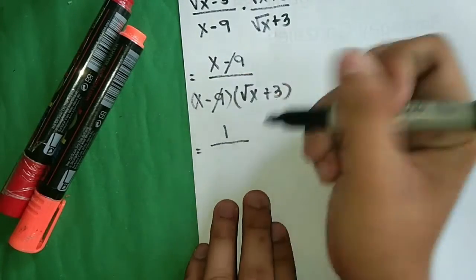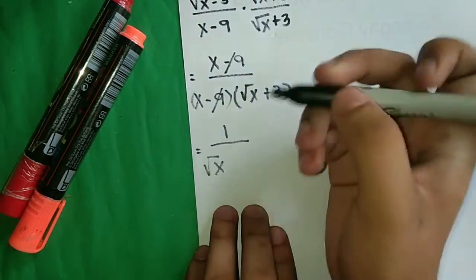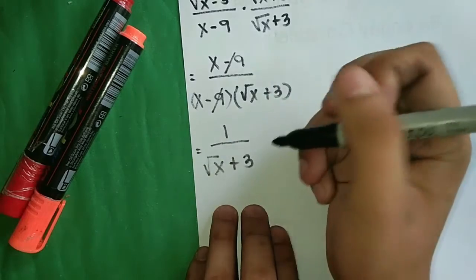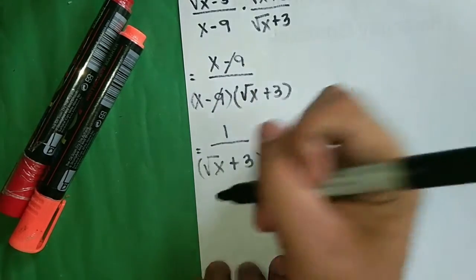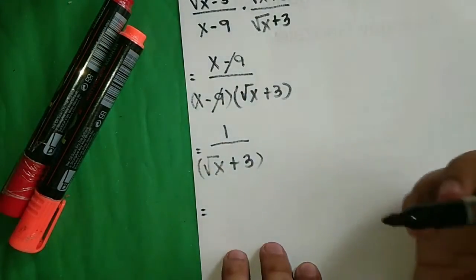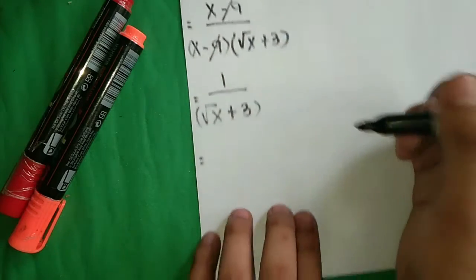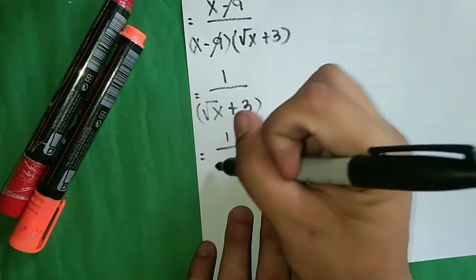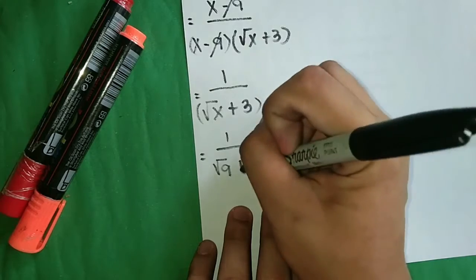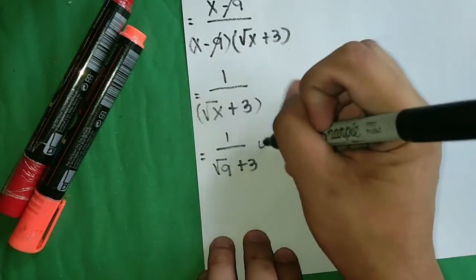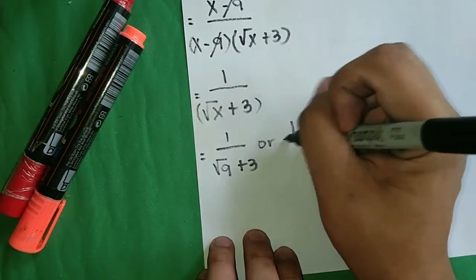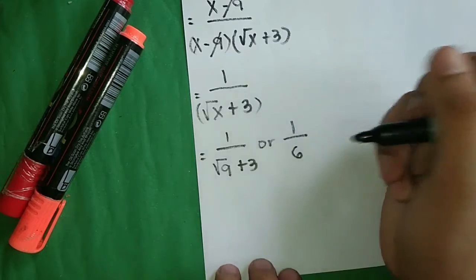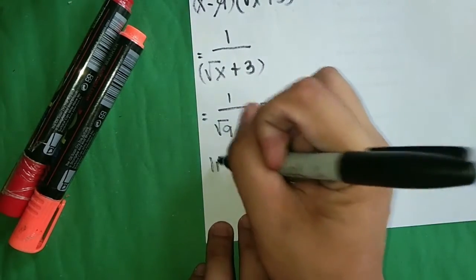As we simplify it, it will be x minus 9 over x minus 9 times the square root of x plus 3. And so, we cancel the x minus 9 of the numerator and the x minus 9 of the denominator, which will become 1 over the square root of x plus 3.